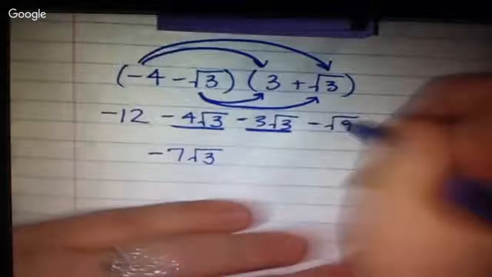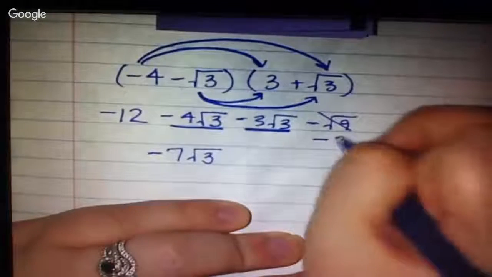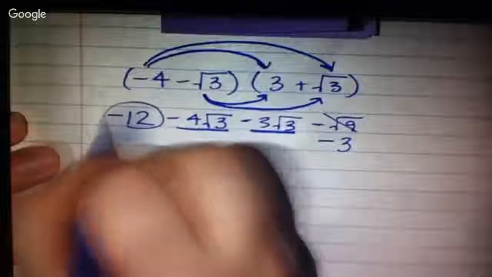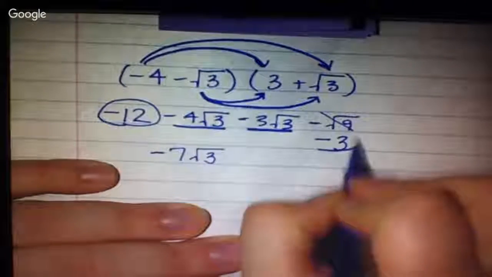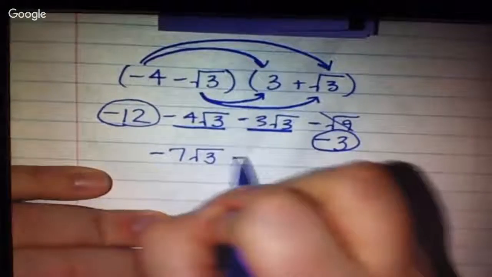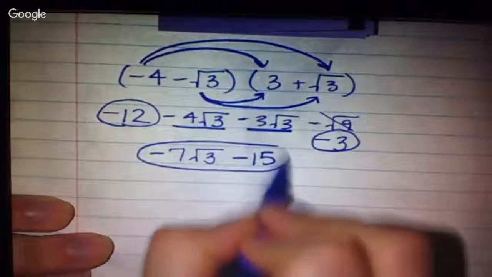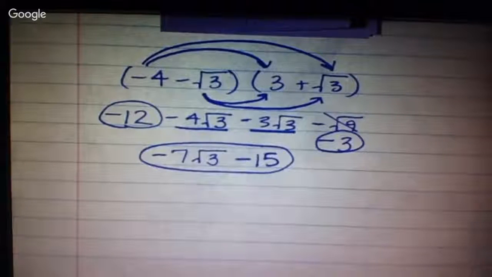So this is actually -3. So you actually have two like terms. You can put together your square roots of 3, and you can put together your -12 and -3, which is -15.